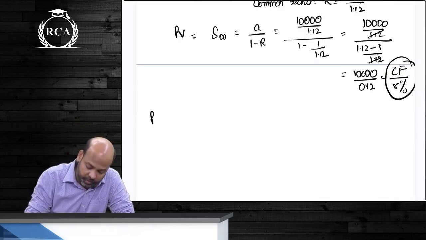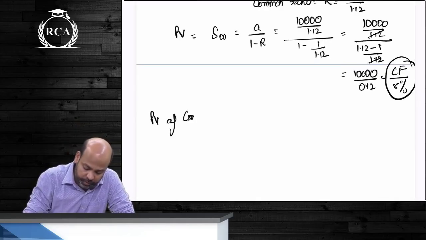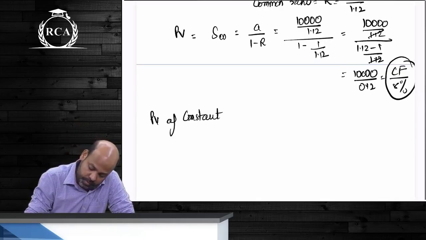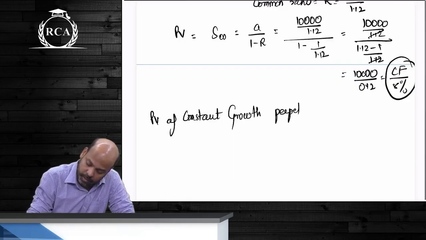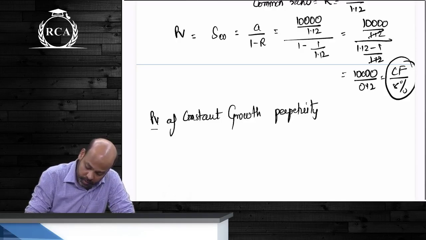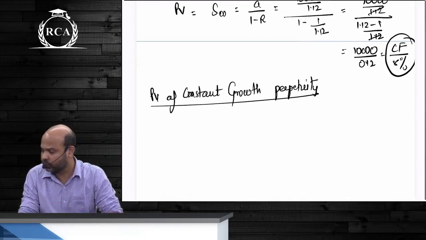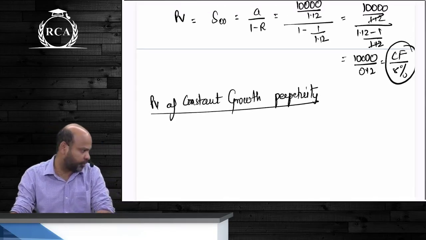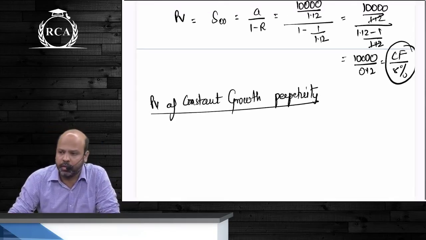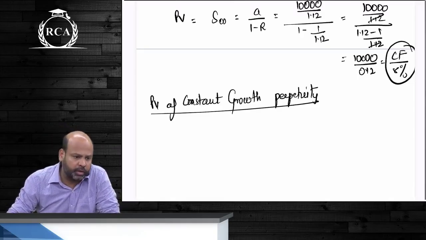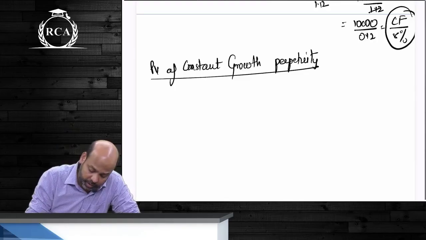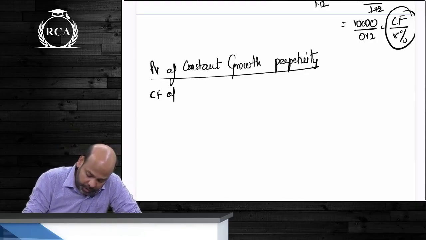Next, beta, present value of constant growth perpetuity. How will you compute the present value of constant growth, beta? Same likho वैसे. Cash flow of year 1, 10,000.